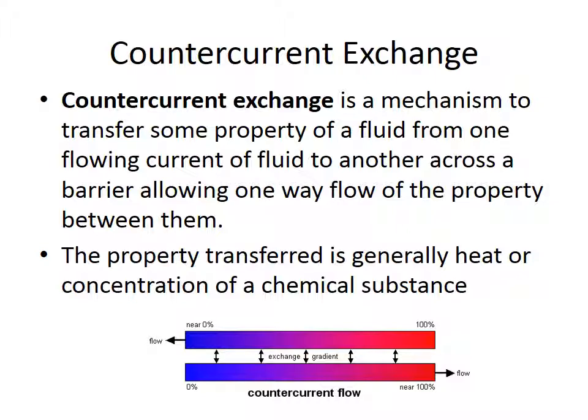So if we have, let's say in a tube, some fluid that's very hot, and we're sending it flowing in this direction. And then we have another tube right next to it, and it has really cold fluid.